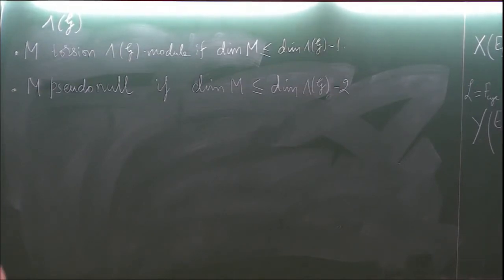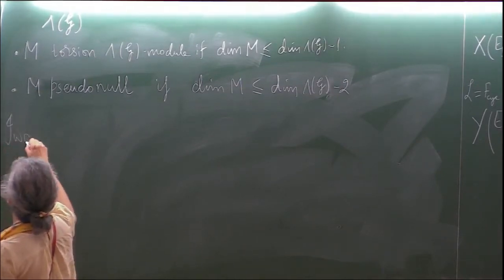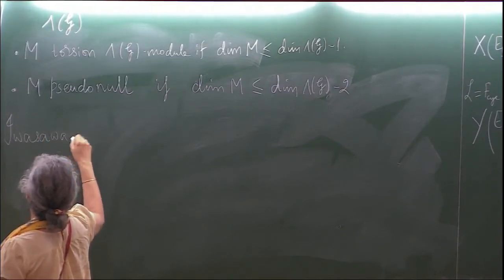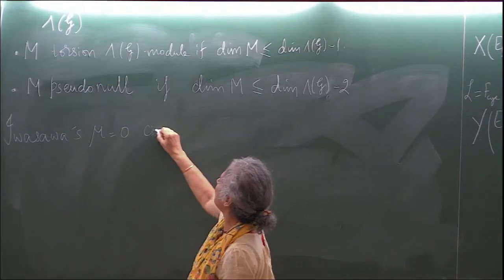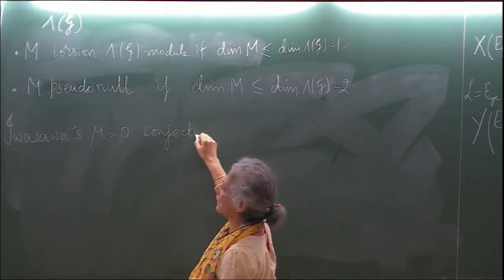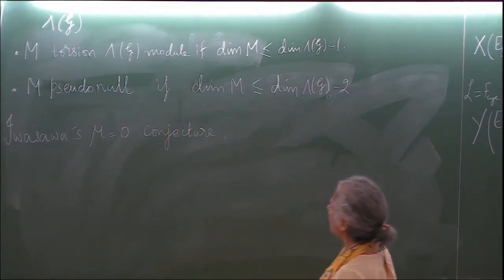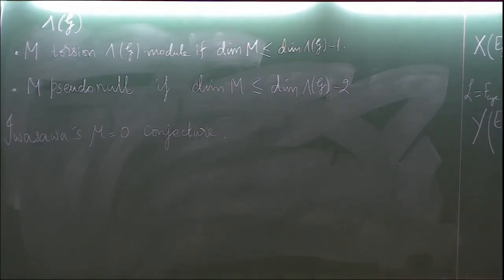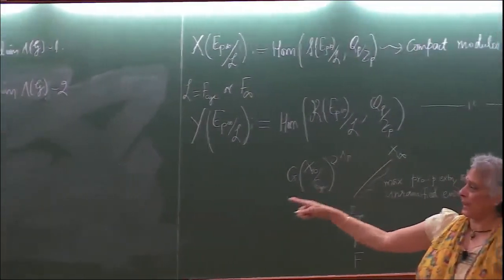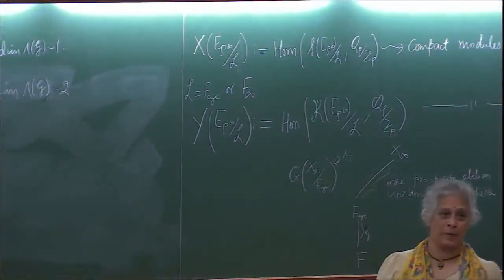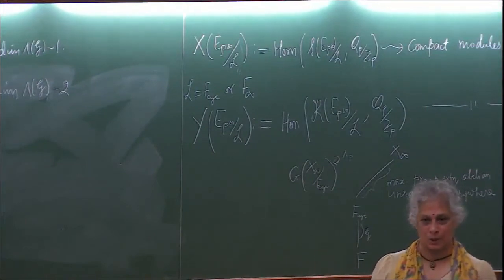Okay, so now let's get back to Iwasawa's classical mu equals 0 conjecture. So yes, that's this module here. Okay? So this is a module, so it has that structure theorem. The first big result that Iwasawa proved was that it was torsion.